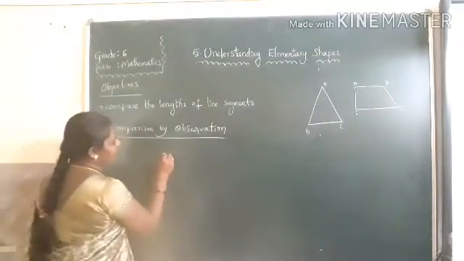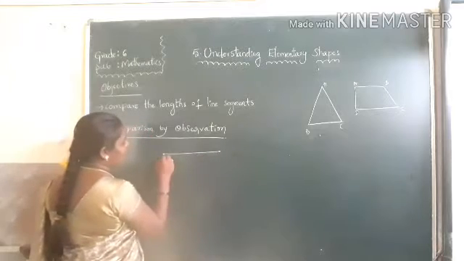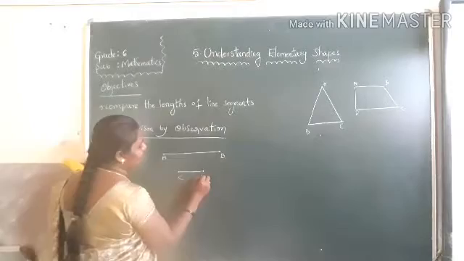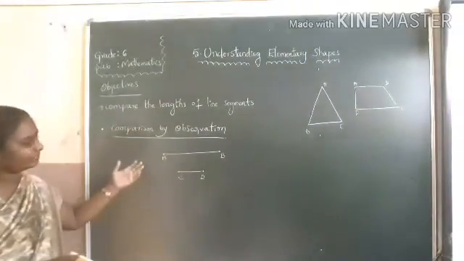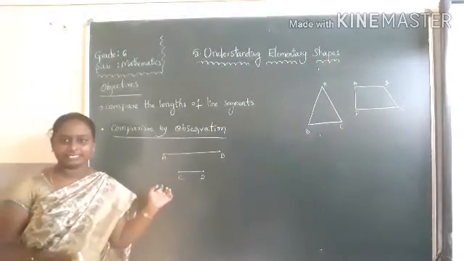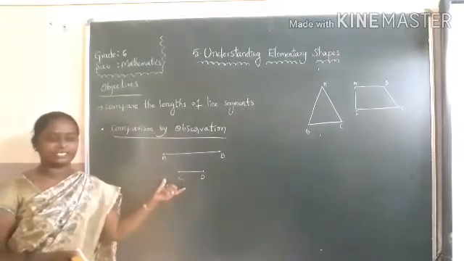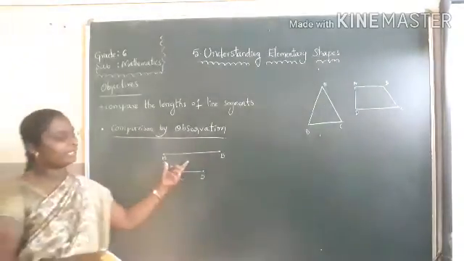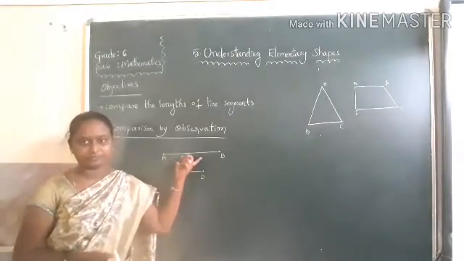Here the two line segments are line segment AB and line segment CD. Among AB and CD, which line segment is longer? Very good. Obviously, AB is longer.